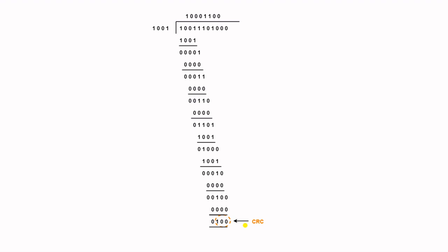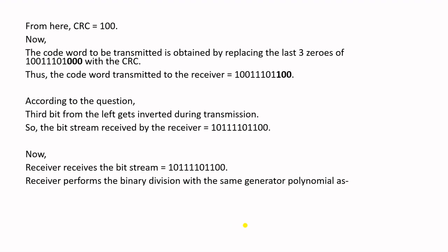Again this will be added to the data dividend, so we find CRC 100. Now the code word to be transmitted is obtained by replacing the last 3 zeros with the CRC. Thus the code word transmitted to the receiver is written here.